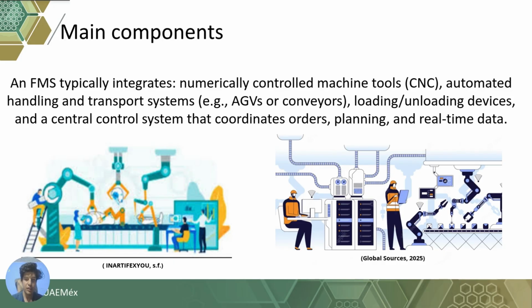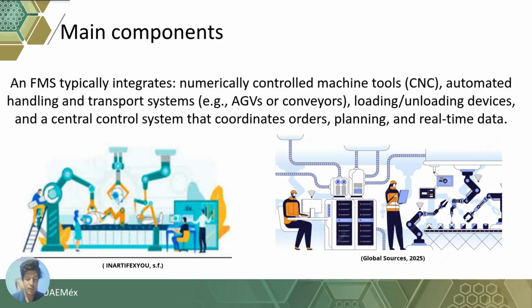The second is the transport and conveying system, for example automatic doors or controllers responsible for moving the parts between machines. Third includes loading and unloading drivers, automatic ring or robotic handlers.